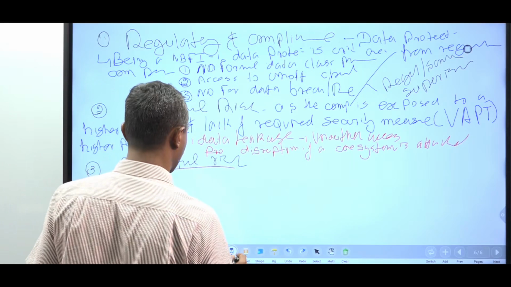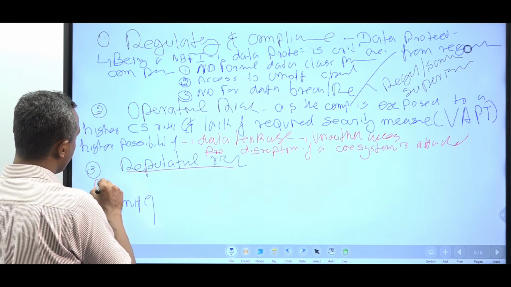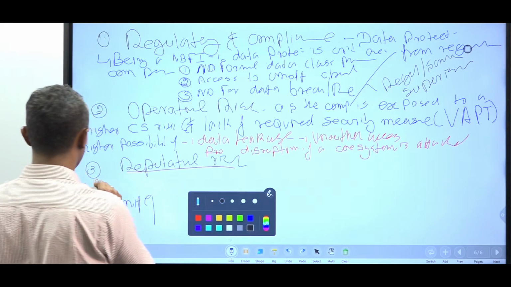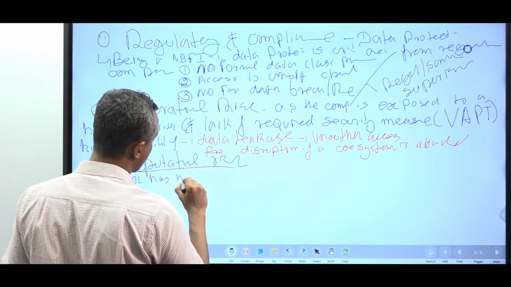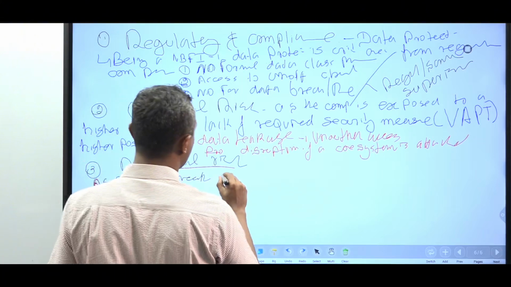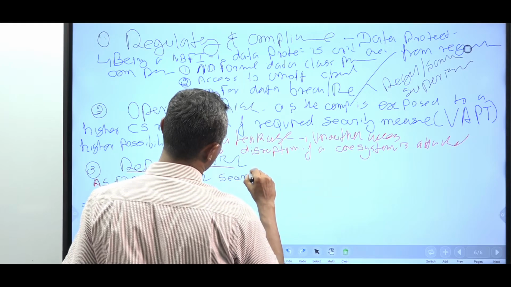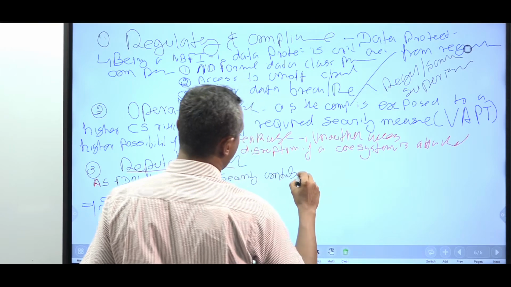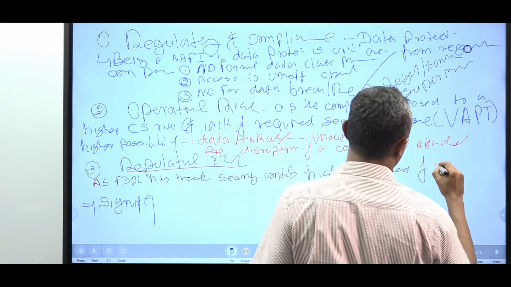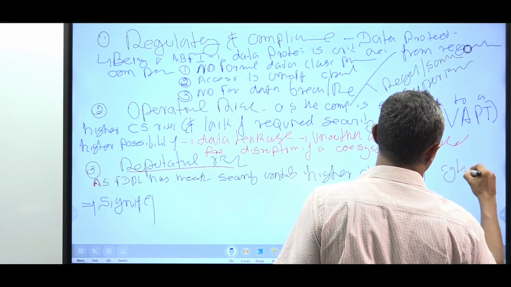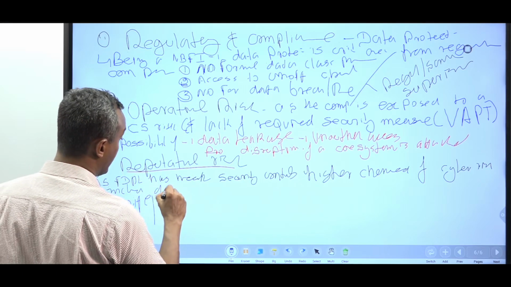So what you can write here is that as FDPL, I hope the name is FDPL, the acquiring company, or FDPL has weak security controls, higher chances of cyber risks, including data breaches, including data leakages.